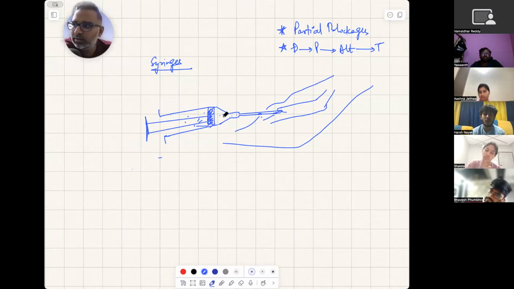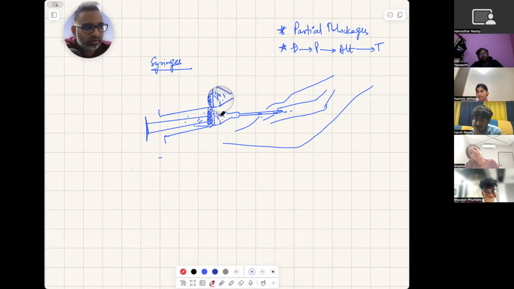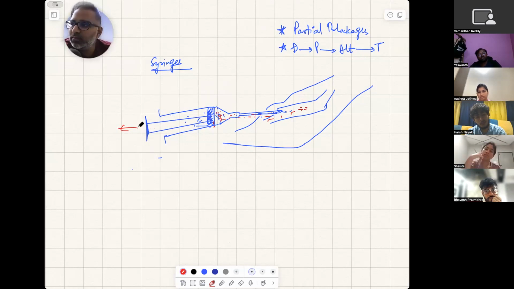This airtight thing. So if you pull back, the blood from here will come into this part. We'll take the red color. From here it will come into this. Now, will it be easy for the blood to come here when you pull back? No. So it will offer some resistance, right? Yes or no? So write down. Yes, sir.